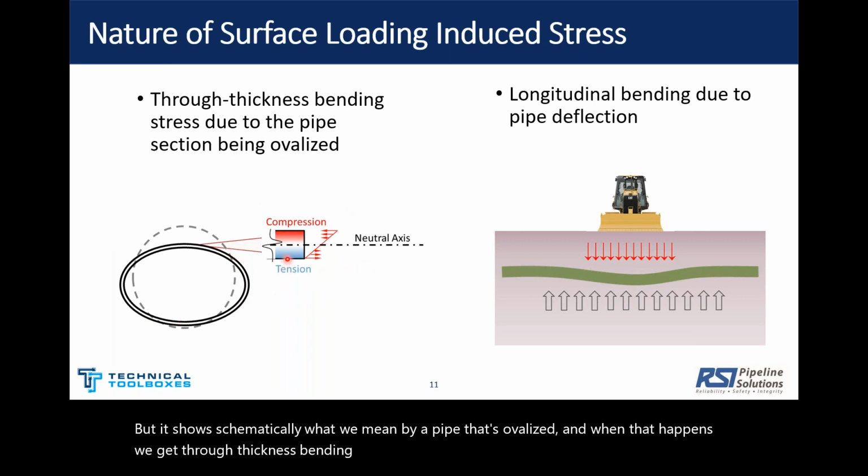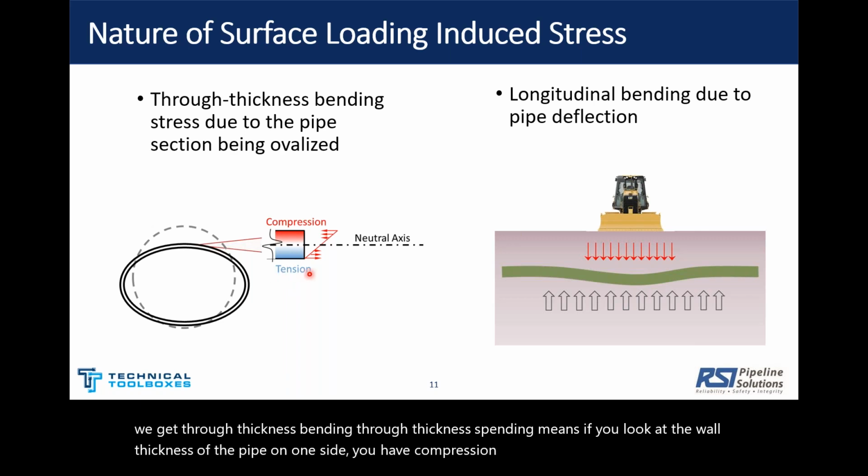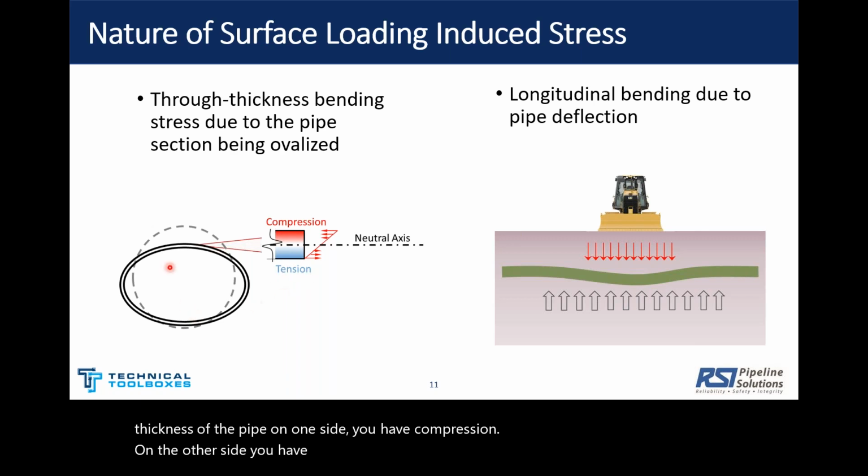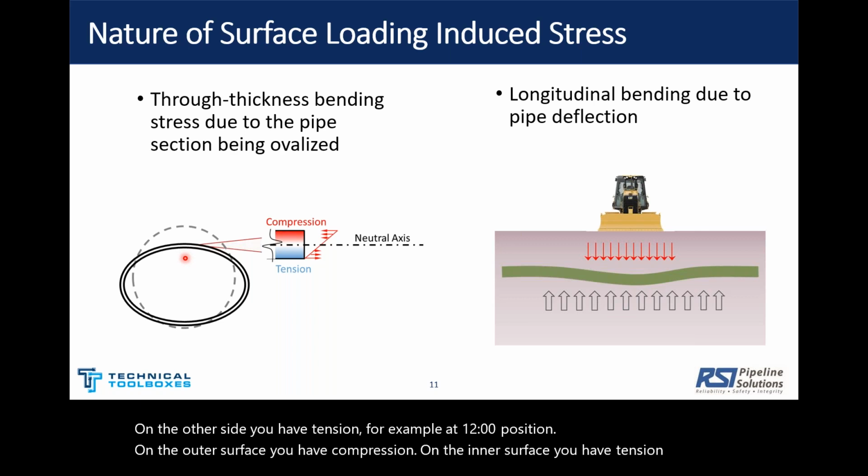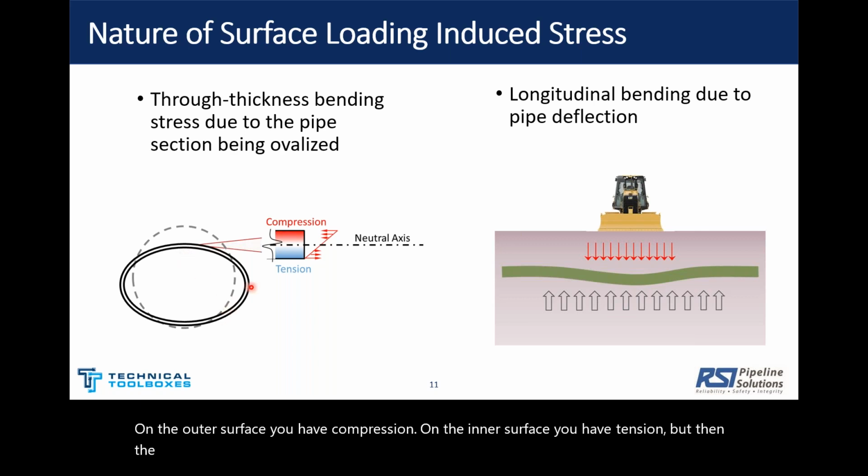Through thickness bending means if you look at the wall thickness of the pipe, on one side you have compression, on the other side you have tension. For example, at 12 o'clock position, on the outer surface you have compression, on the inner surface you have tension. But then the reverse is true at the 3 o'clock and 9 o'clock positions.